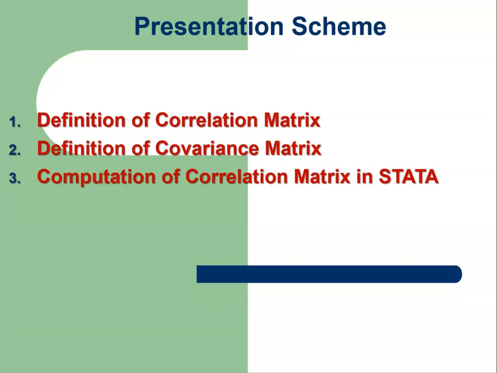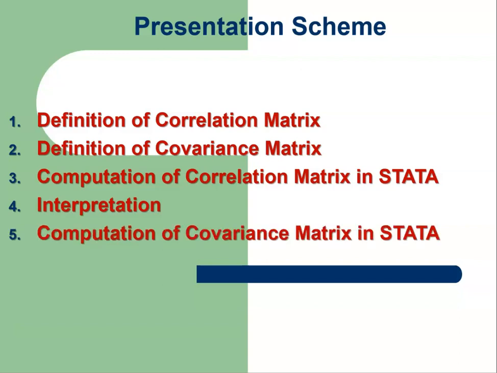Then I'll compute correlation matrix in STATA and SPSS, and I'll interpret the correlation matrix. Similarly, I'll also compute the covariance matrix in STATA and SPSS, and then I'll interpret it, and finally I'll conclude this presentation.